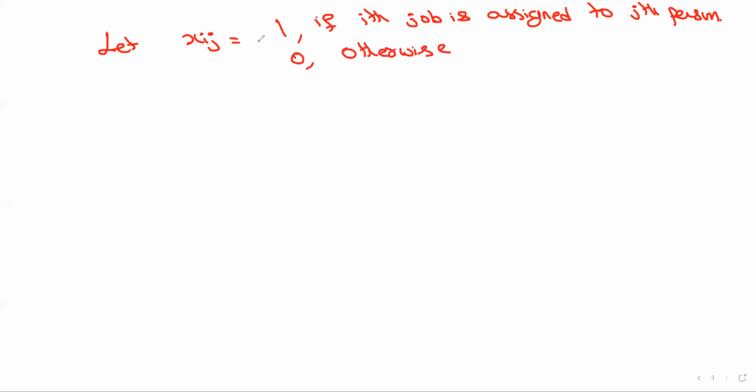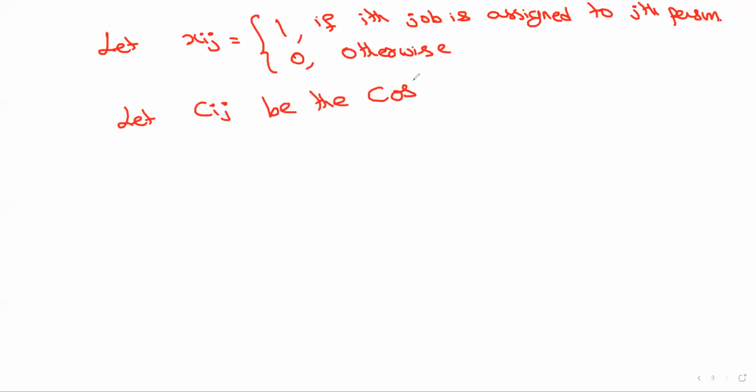So xij value is 1 if the ith person is assigned to the jth job, if not, it is 0. Let Cij be the cost.